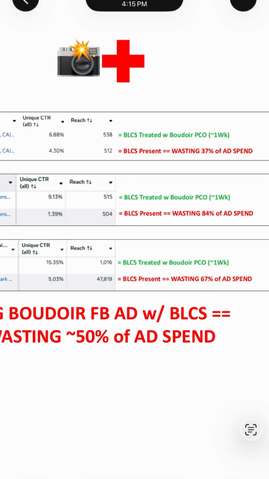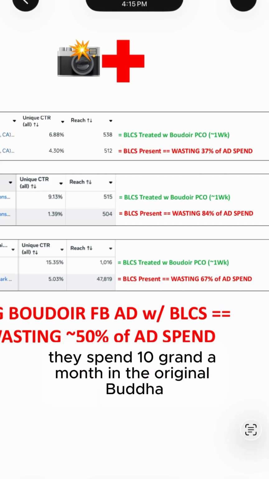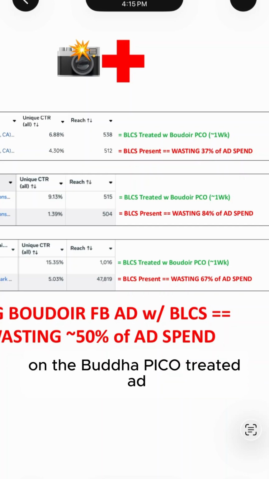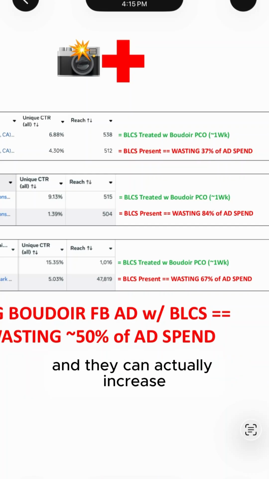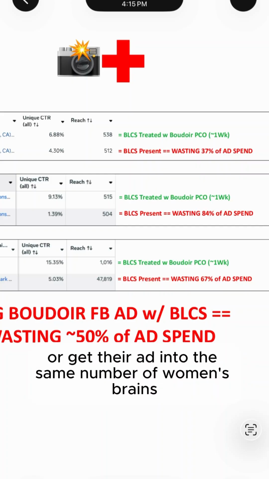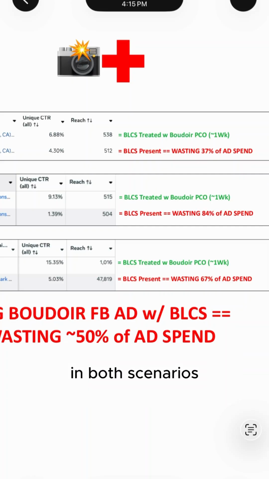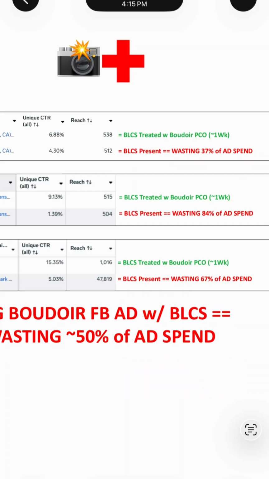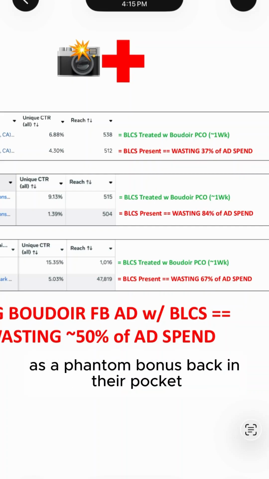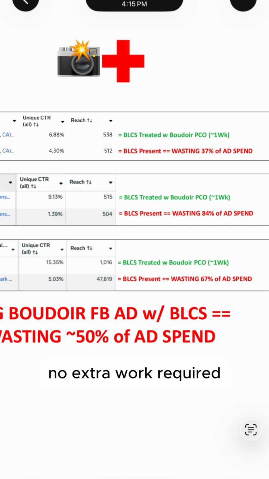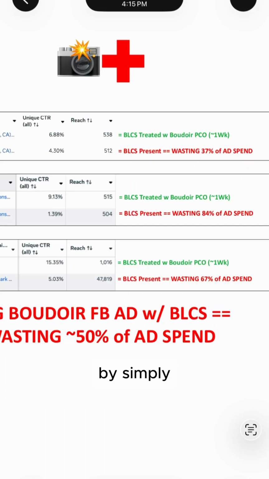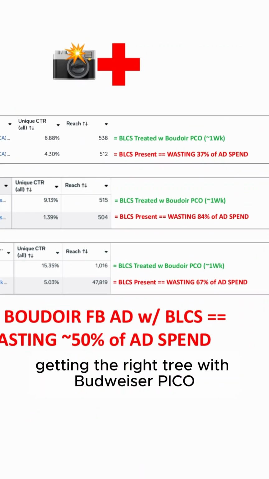As a result, they spend 10 grand a month on the original Boudoir Facebook ad, and now they only need to spend 1.6 grand a month on the Boudoir Pico treated ad to get their ad into the same number of women's brains in both scenarios. They simply pocket that $8,400 a month, not needing to spend that ad spend anymore, as a phantom bonus back in their pocket, no extra work required. That's like a 100 grand bonus at the end of the year by simply getting their ad treated with Boudoir Pico.